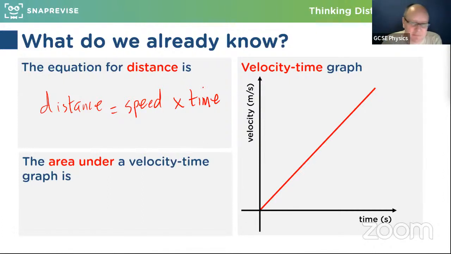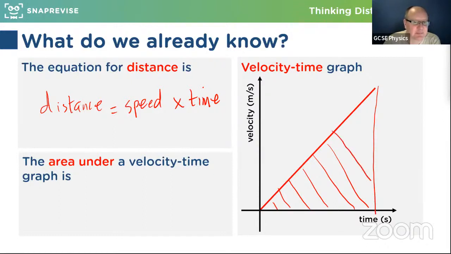And here on the right hand side, we've got a velocity time graph, sometimes called a speed time graph, but more correctly, a velocity time graph. The area underneath the velocity time graph is quite useful to us. If we shade in that area, the area underneath the graph from where it starts to where it ends is equal to the displacement, the total distance traveled by that vehicle during the time t.